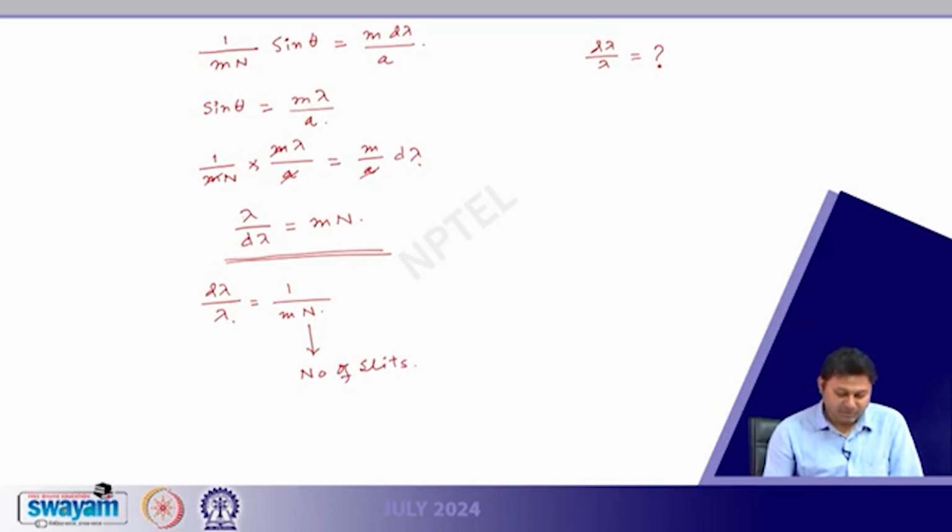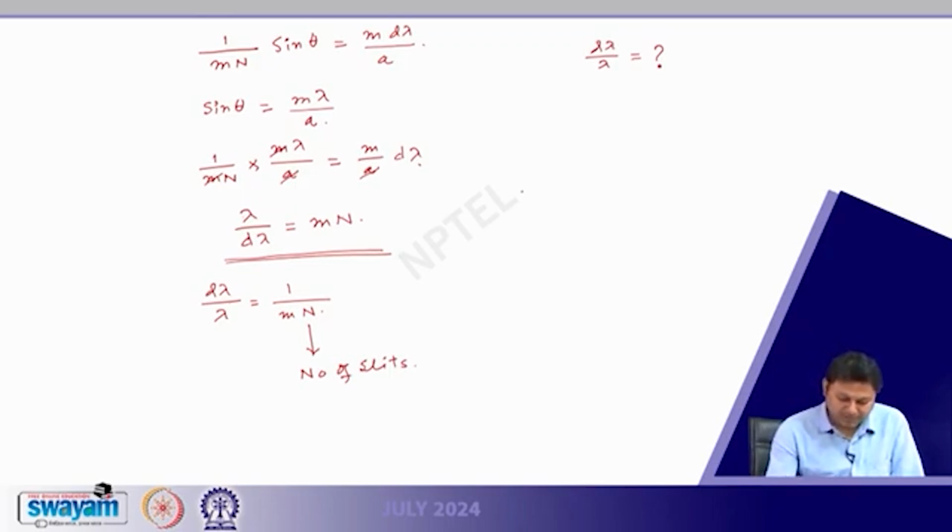That means we can resolve even a very small wavelength difference by using a grating whose number of slits is very large, that means the ruling per unit length is large.